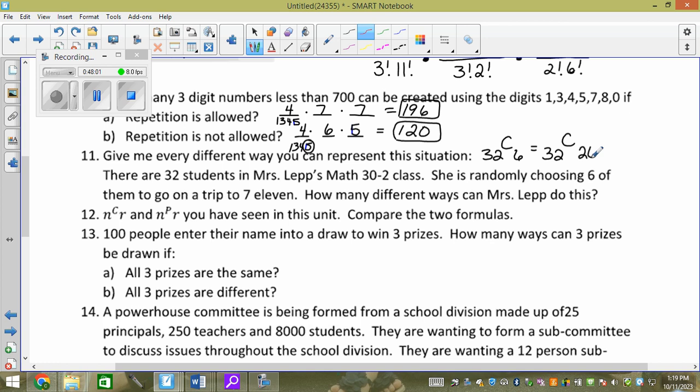In the notes, we did 10C6 and 10C4. We did this in your notes. And we found out that if it's a common difference, it's the same, and I showed you with the formula. The other way you could do it as well is you could go 32 and 6 and 32 and 26. Because remember, C has that weird brackets like that. You can do that as well.